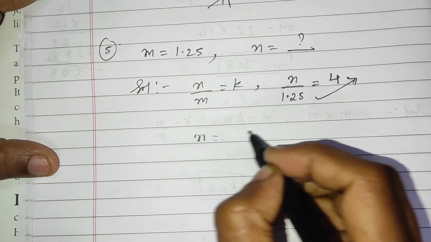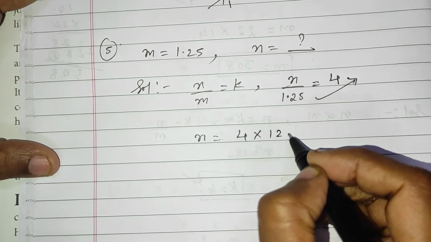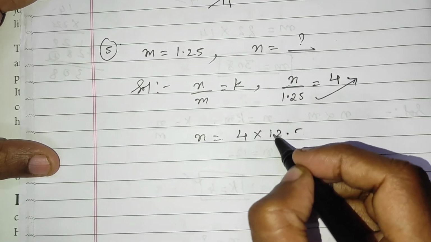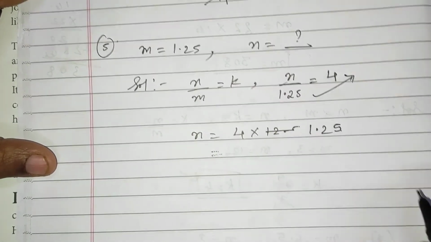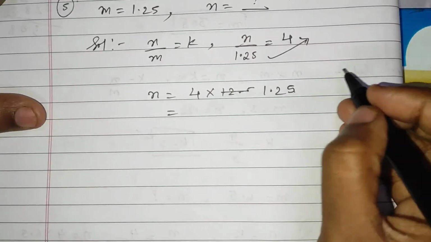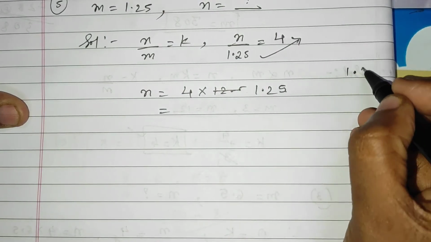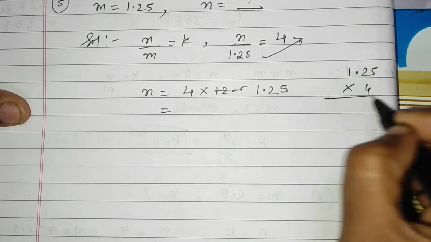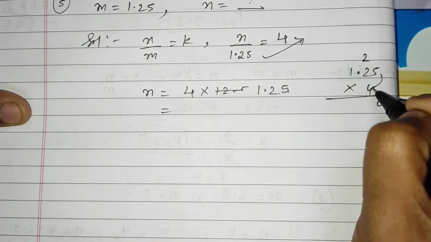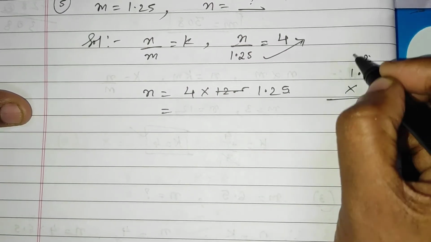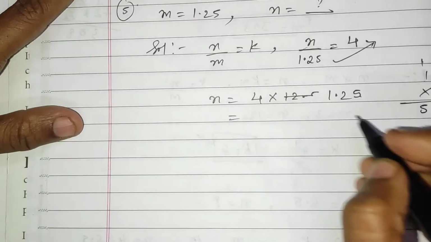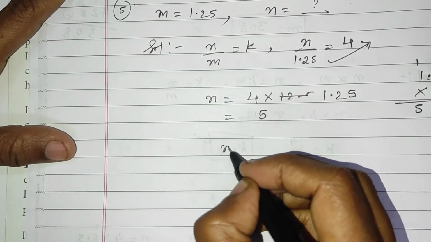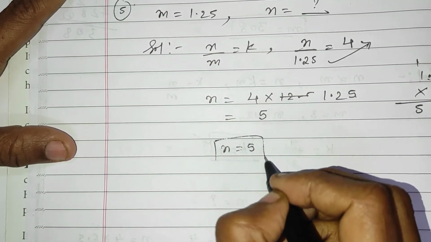So n equals to 4 into 1.25. So if we multiply 1.25 into 4, 4 fives are 20, 2 carry, 4 twos are 8, 9, 10, 1 carry, this decimal, 4 ones are 4, 5. So that means n is equals to 5.